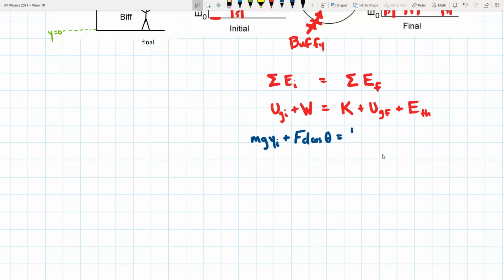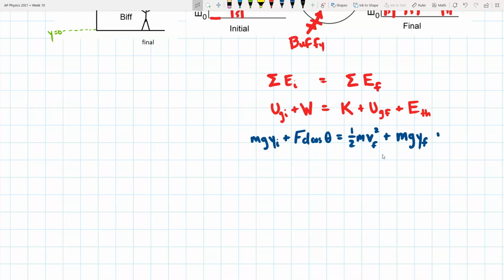Kinetic energy is 1/2 mass, and this is in the final energy state, so that would be its final velocity squared, plus the gravitational potential energy that it finishes with, so mg times the final height.